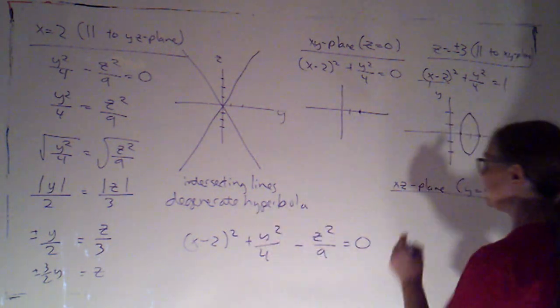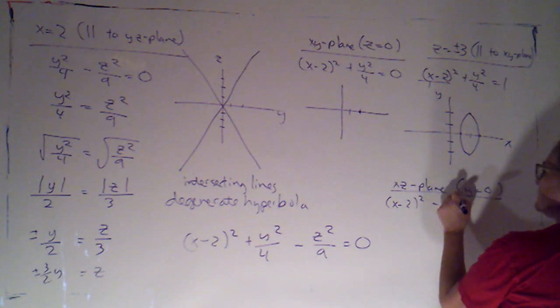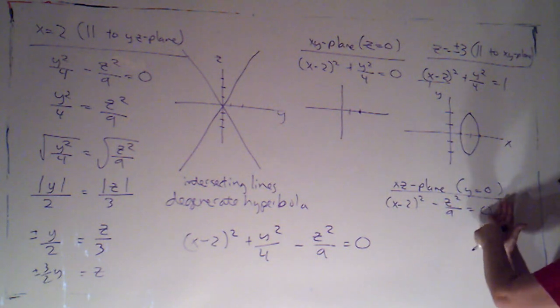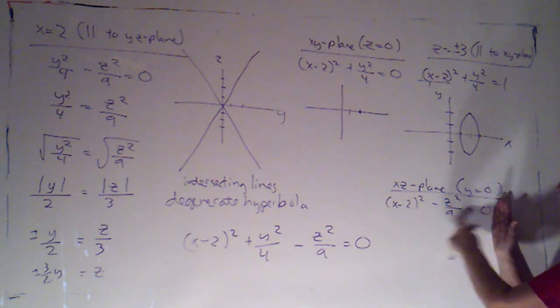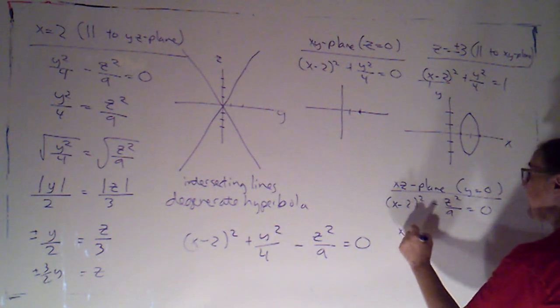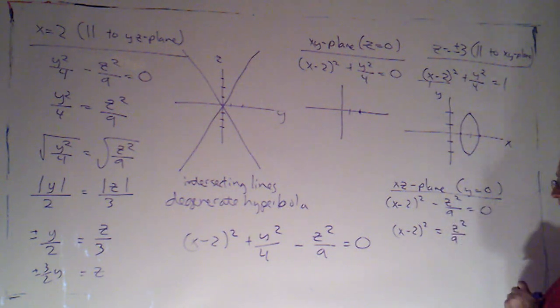So if y is 0, I'm getting x minus 2 squared minus z squared over 9 equals 0. Again, because that's a 0 and not a 1, this is going to give me a degenerate hyperbola. This is x minus 2 squared equals z squared over 9.